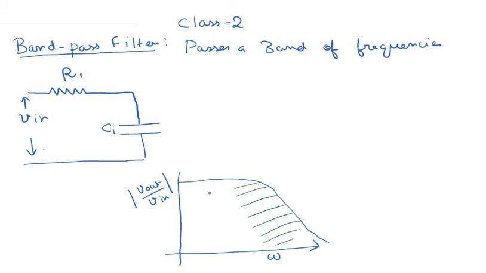Okay, so this blue line here basically is the characteristics of the low pass filter, or this blue line gives the range of frequencies over which the filter outputs the signal. Okay, now let us cascade another high pass filter here.